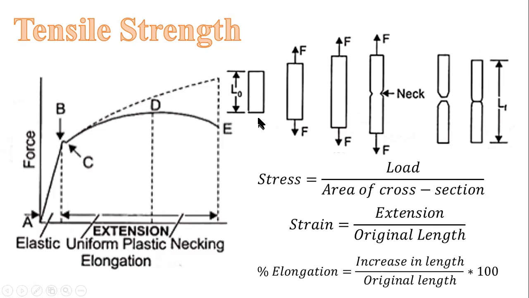This is the original length. And the percentage of elongation, which is an important property, is calculated as the increase in length, which would be this one, divided by the original length and multiplied by 100.